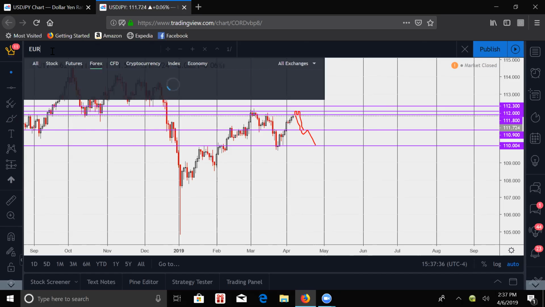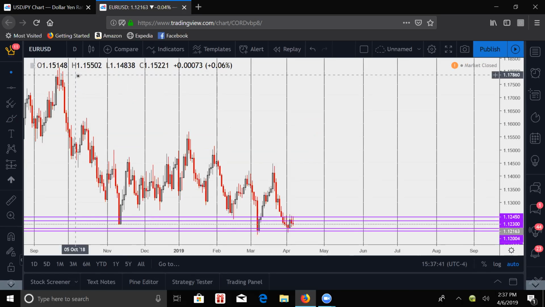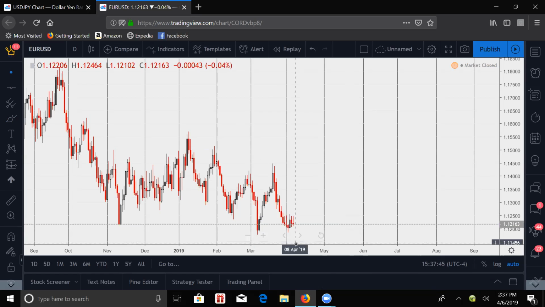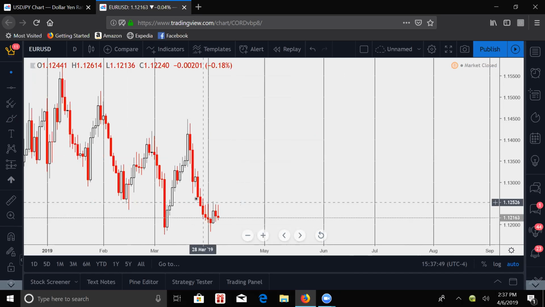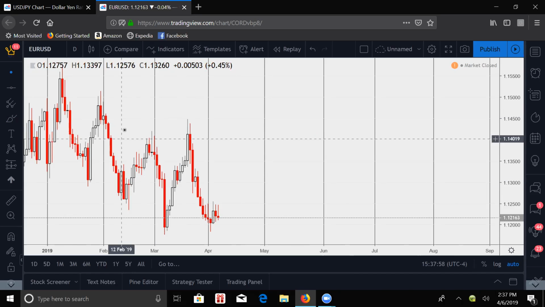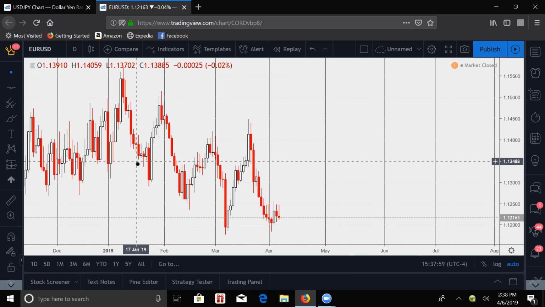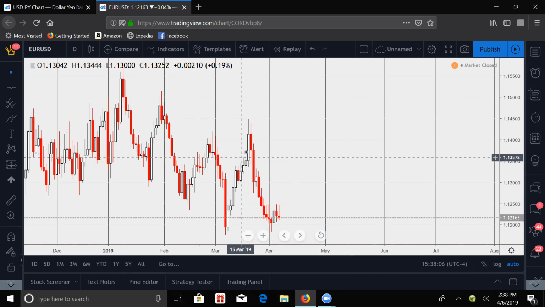So let's move on to the euro dollar. Remove these. Price for the euro dollar, as we can see, has been in a minor downtrend, because it was lower high, lower low, lower high, lower low.